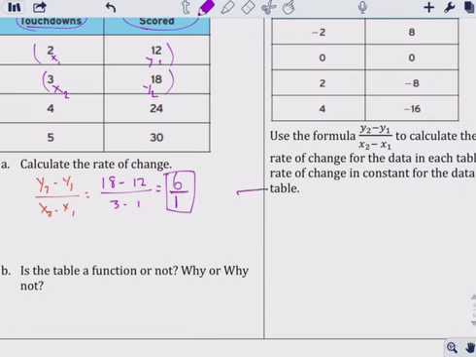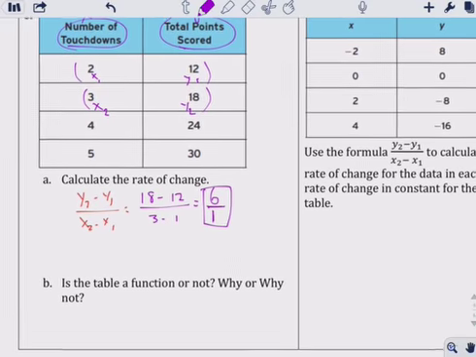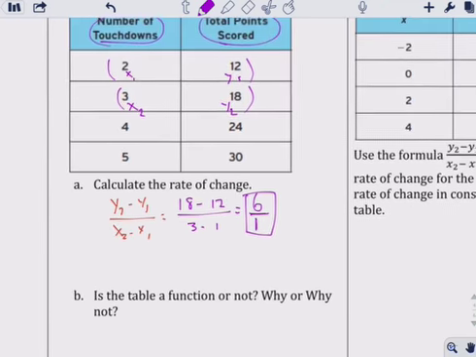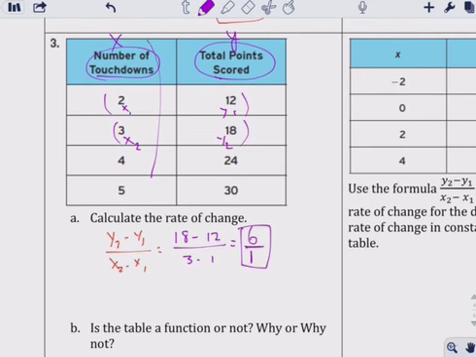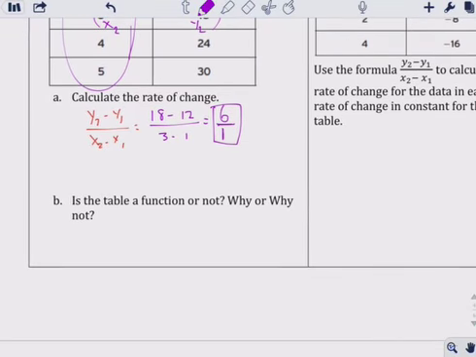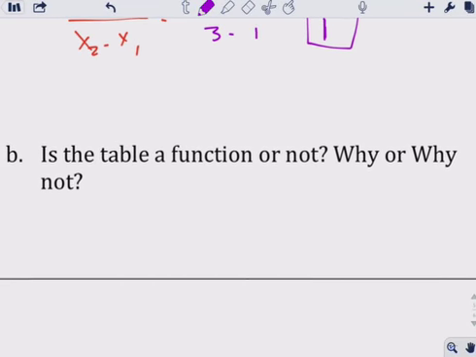Is the table a function? Now be ready to answer questions like this, because that's what I'm going to have on the unit test that's coming. The big test that's coming. Is the table a function or not, y or y not. It is a function because none of the domain, none of the x, none of the input are repeating. None of the independent variable are repeating. Any of those words, you need to use them.